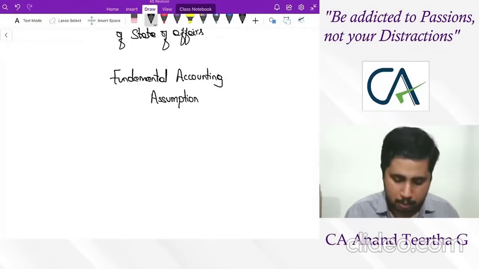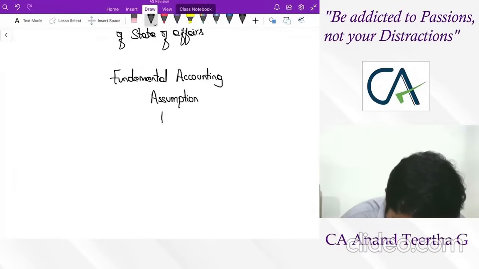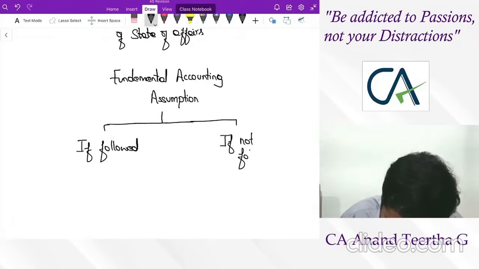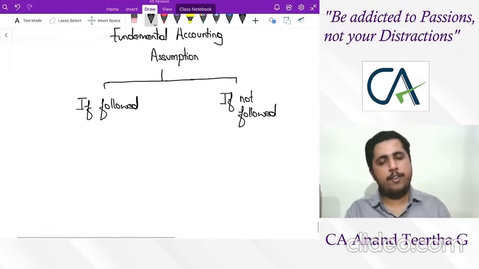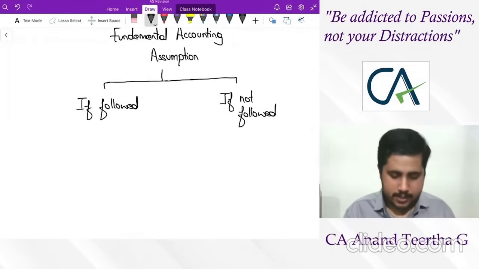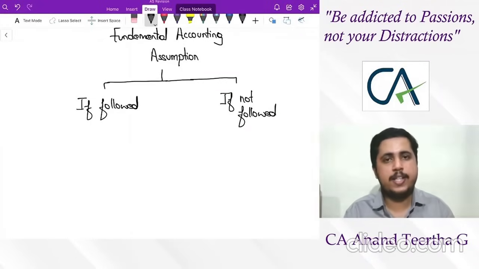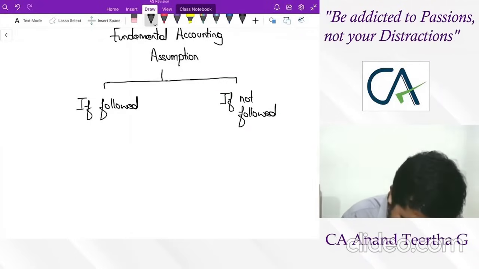So now just think about it. What will be the impact when it comes to fundamental accounting assumption? The impact will be of two types: if you have followed these fundamental accounting assumptions, or if not followed. The point is, if the user has assumed that certain policies have been followed, and if they are actually followed, then no disclosure is needed.